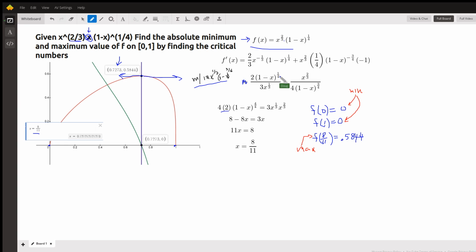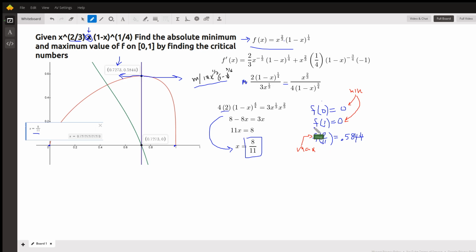And 1 minus x to the 1/4 times the quantity 1 minus x to the 3/4 becomes 4/4, which is just a 1. And 3x to the 1/3 times x to the 2/3 just becomes 3x. And you can solve that and see that we get 8/11. And so those are the numbers that we want to test for absolute min and absolute max: 0, 1, and 8/11.